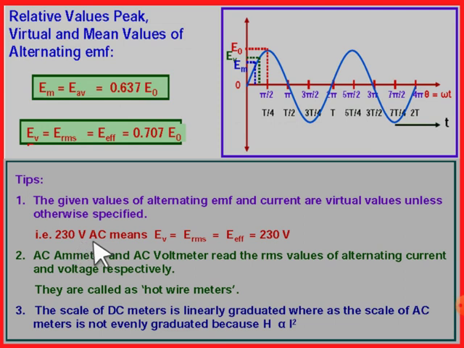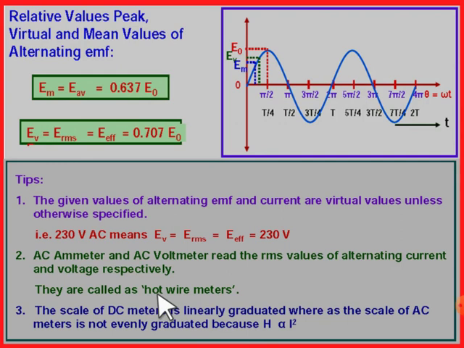If it is not specified, then we have to understand that the given voltage or potential difference is the RMS value or effective value, or we can also call it the virtual value. So your effective value is 230 volt. AC ammeter and AC voltmeter read the RMS value of alternating current and voltage respectively.